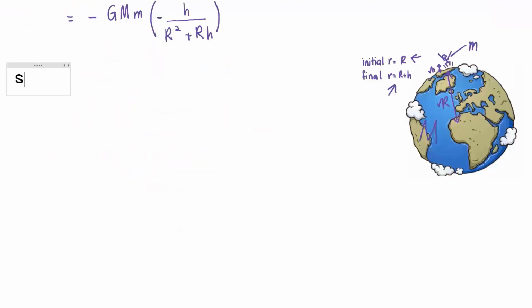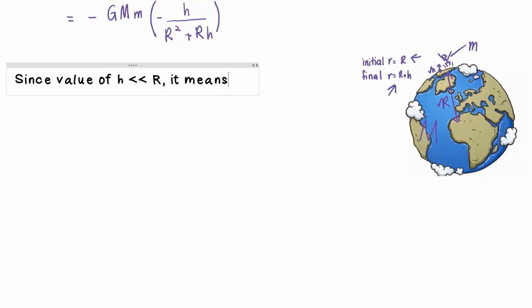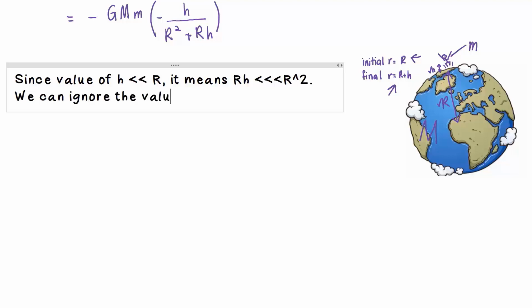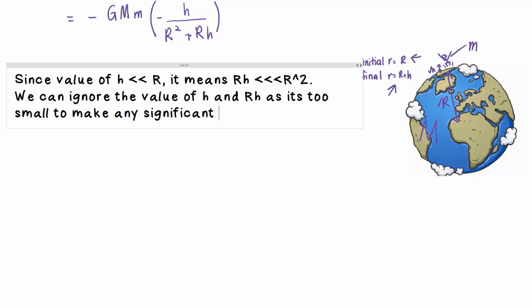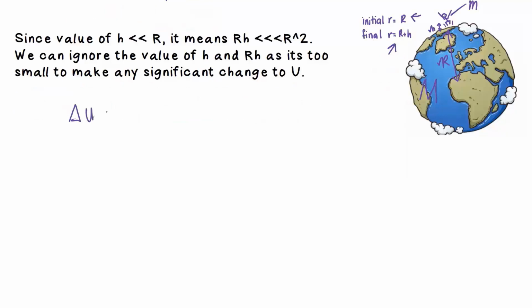But since the value of h is way smaller than the capital R, h is the height that you jumped just now, and R is the radius of the Earth, so big, it means that Rh is way even smaller than the capital R squared. So we can ignore the value of Rh as it is too small to make any significant change to the gravitational potential energy.